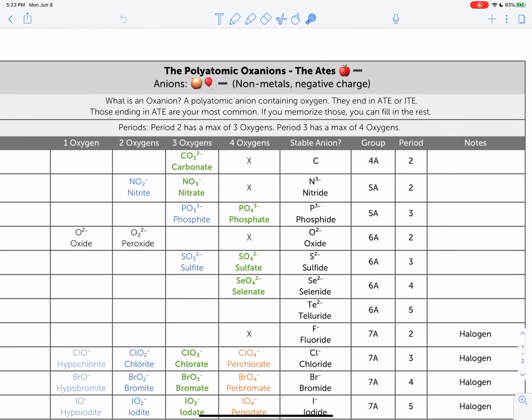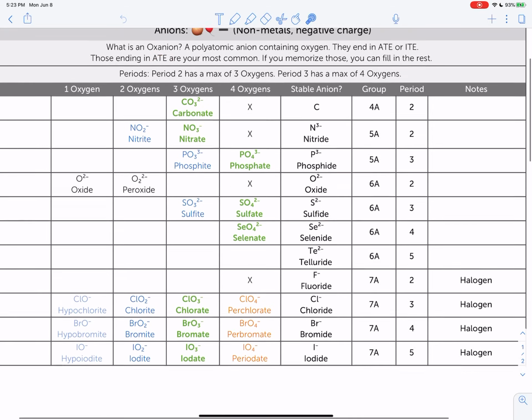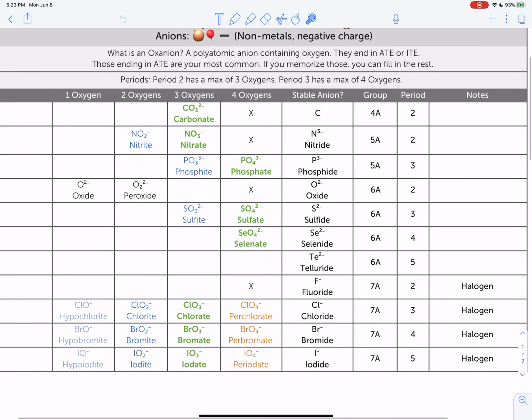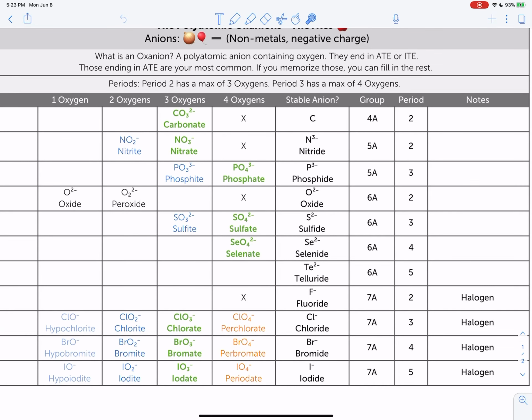But I have some ides on here too, and I'll tell you why in a second. Because these eights are the most common, there's really no reason to memorize any of the ites, the hypos, the pers, or any of that other stuff. Really, if you memorize these 1, 2, 3, 4, 5, 6, 7, 8 green ones here, the eights, everything else is going to fall into place, right?